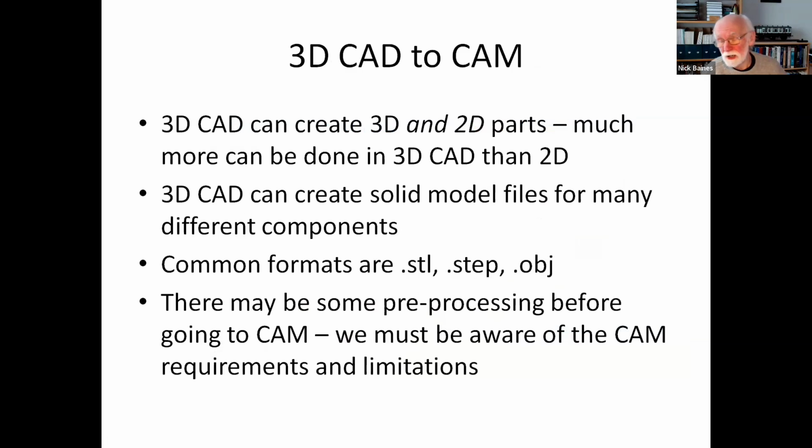And in the CAM process, there's likely to be some pre-processing before you actually get to the point of making something in CAM. But we'll talk about that when we get to the CAM stage. The point about it is that you need to know something about the CAM limitations and the CAM requirements when you're doing the 3D CAD.